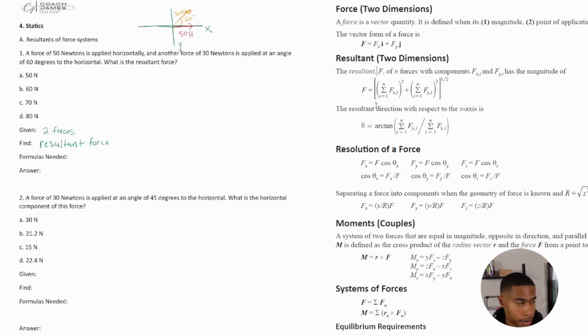We have two forces, the one in the red and the one in the orange. So how do we get this to match our equation? Well, first we need to know the forces in the x, the first portion of this problem. So what are the sum of the forces in the x direction?